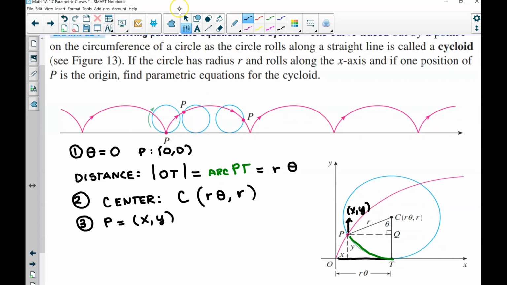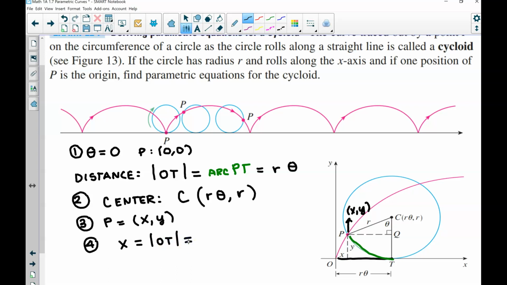Now let's take a look at the parametric equations. Again, we're going to have a parametric equation for X and a parametric equation for Y. X is going to equal the distance from O to T, because that is the X distance. So that is the absolute value of OT.